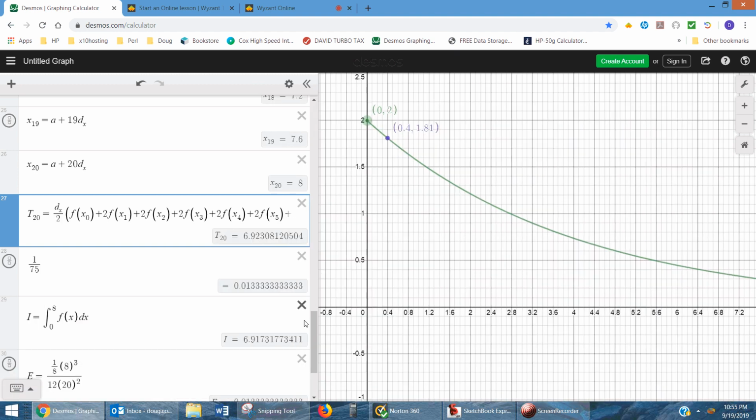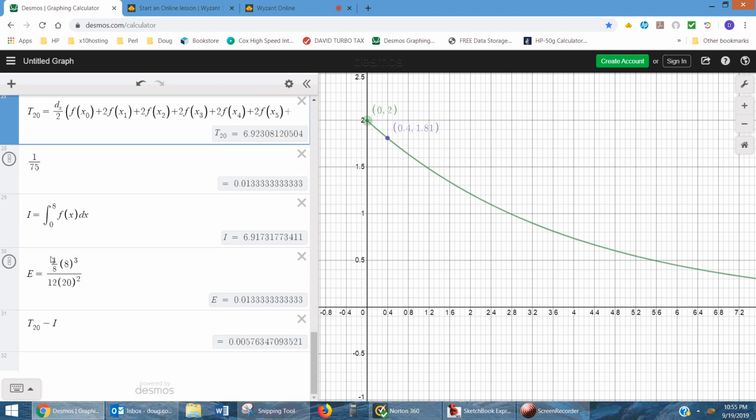And T sub 20 has a value of 6.92308, and so on. And then I actually calculated the value of the definite integral using Desmos's definite integral function, and it came up to 6.9173.